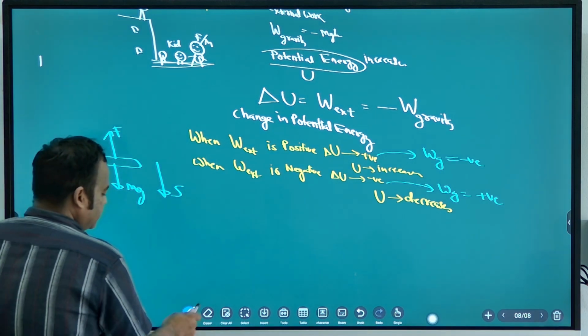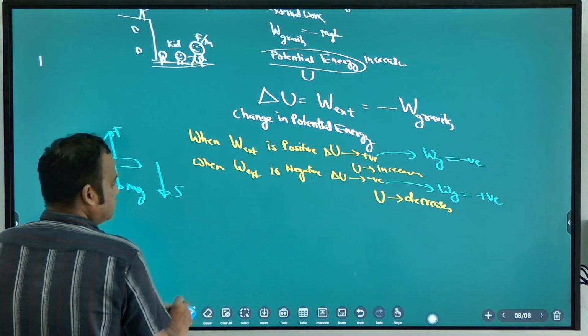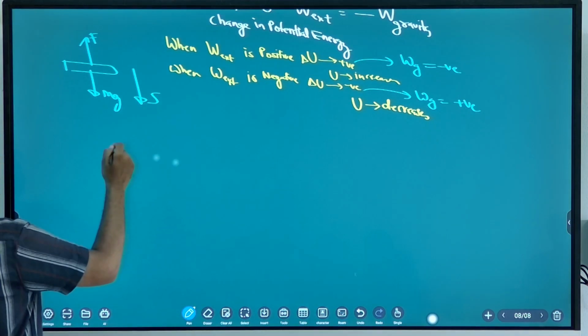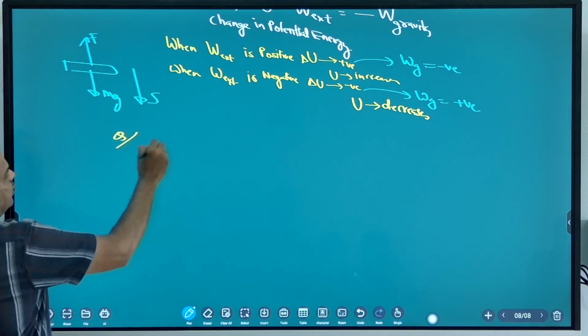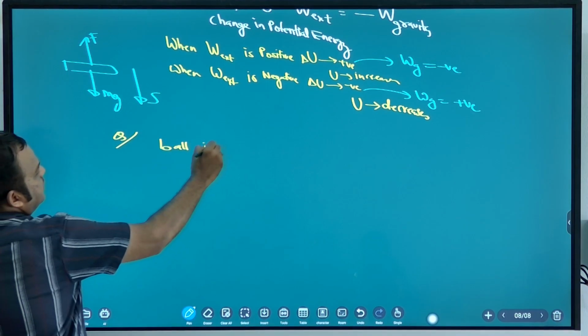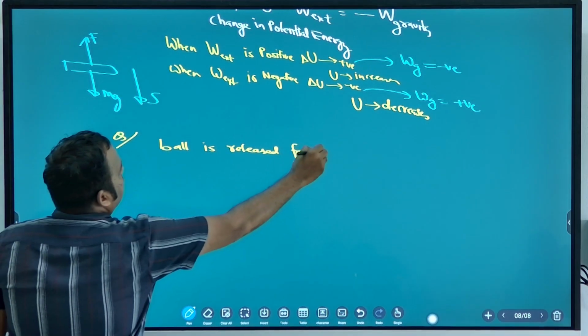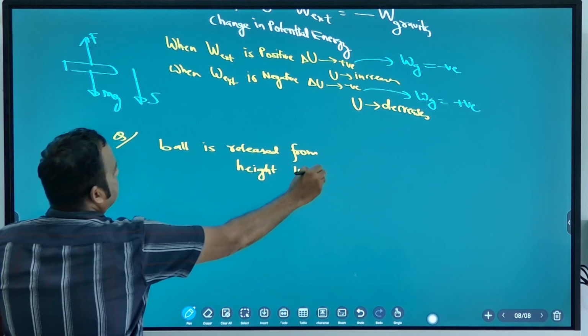So what is the unit of potential energy? It is joule. Okay, so solve. Note down. A ball is released from a height of 10 meter.